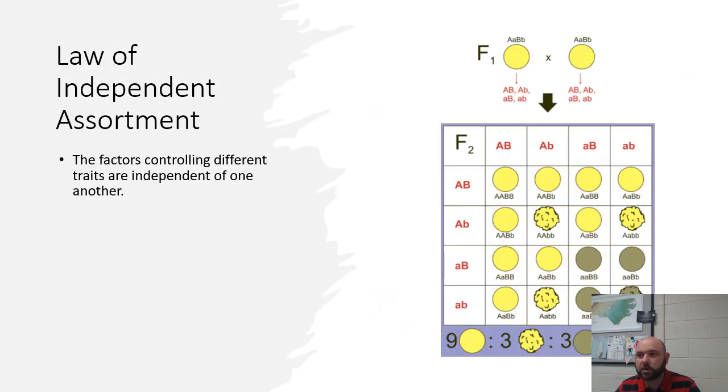All right, so here we have the result of Mendel's second cross of that generation that had the dominant and recessive factors for both seed color and seed shape. And this is what he found.